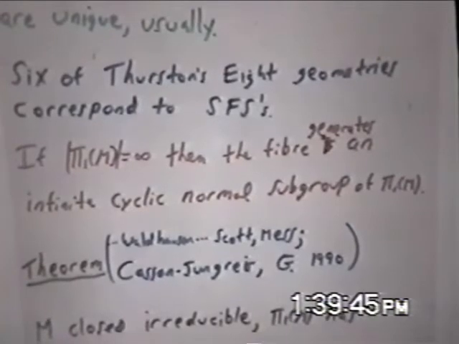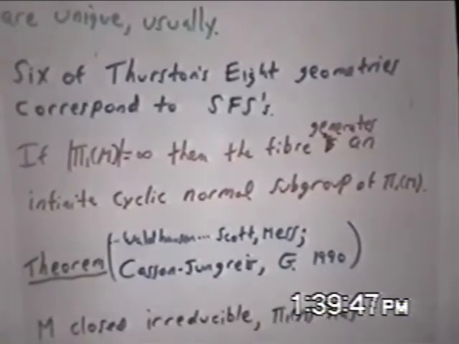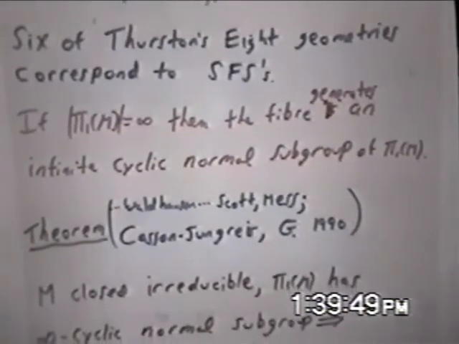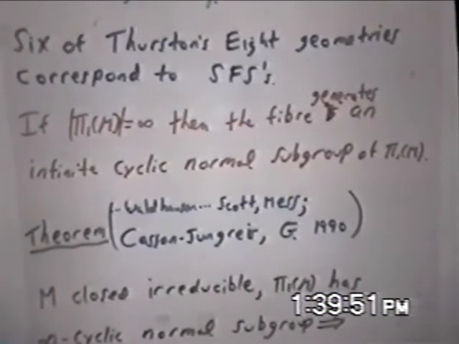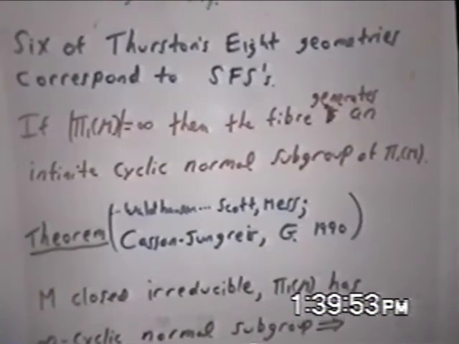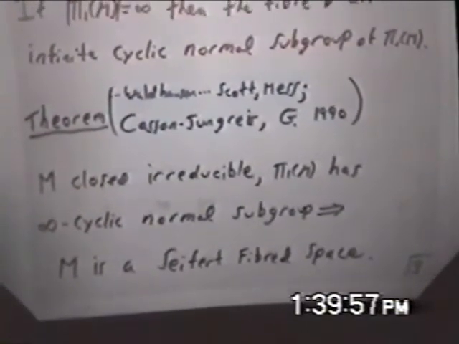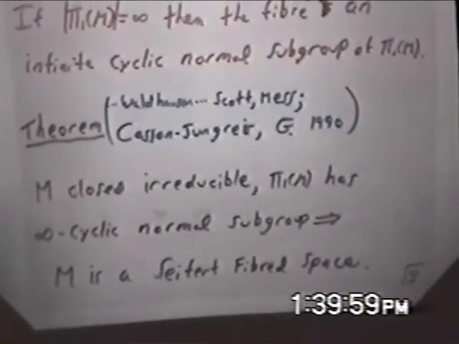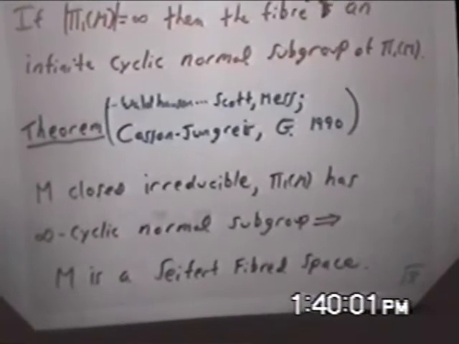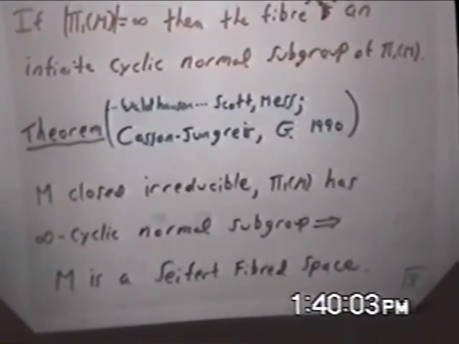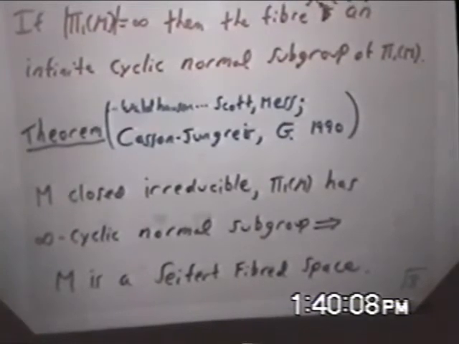And actually we now have a theorem that the converse is true: if you have a closed irreducible 3-manifold with an infinite cyclic normal subgroup, then the manifold itself is a cyclic fibered space. So here's a homotopy condition to decide whether a 3-manifold has a foliation by circles.